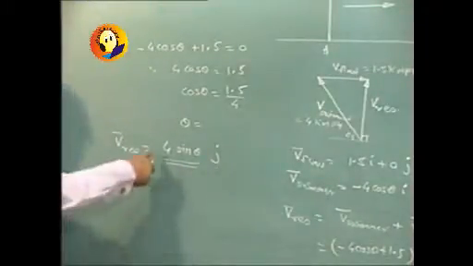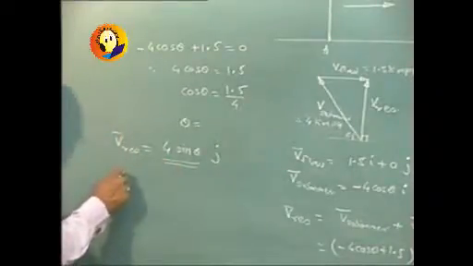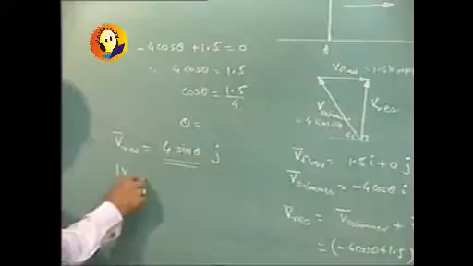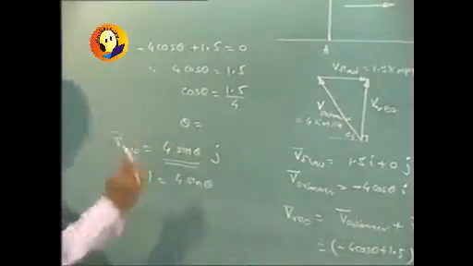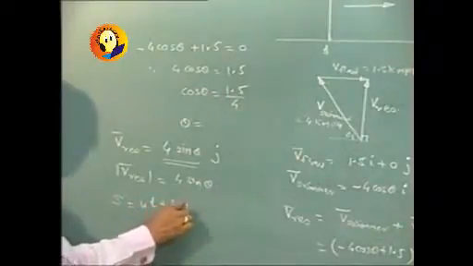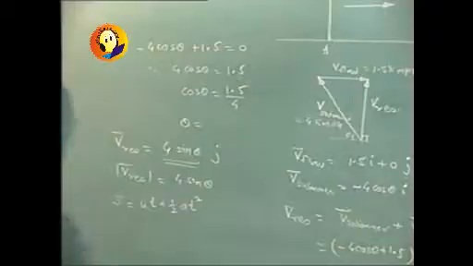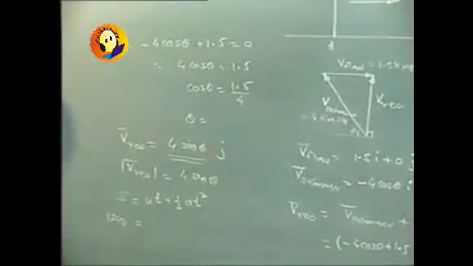Now with this velocity, if you are to travel 1200 meters, we first need the magnitude of V resultant, which is going to be 4 sin theta only. Then using the equation S is equal to ut plus half at square, S we know is 1200 meters.